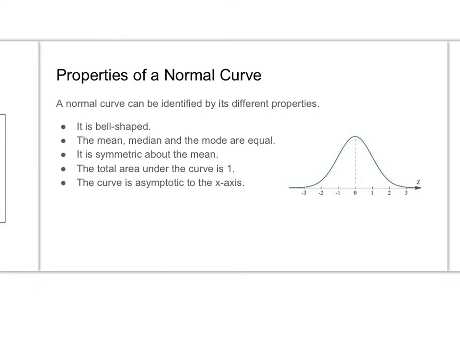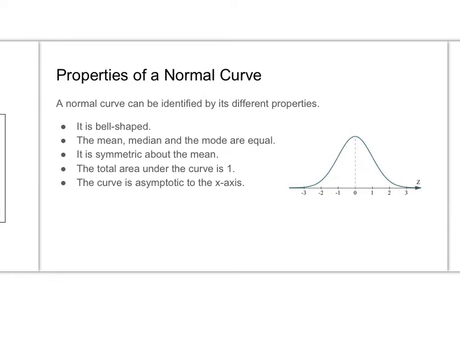The total area under the curve is 1. Take note that in normal distribution or even in the graphs of discrete probability distributions, the total area is equal to 1, which signifies the total probability for the distribution.